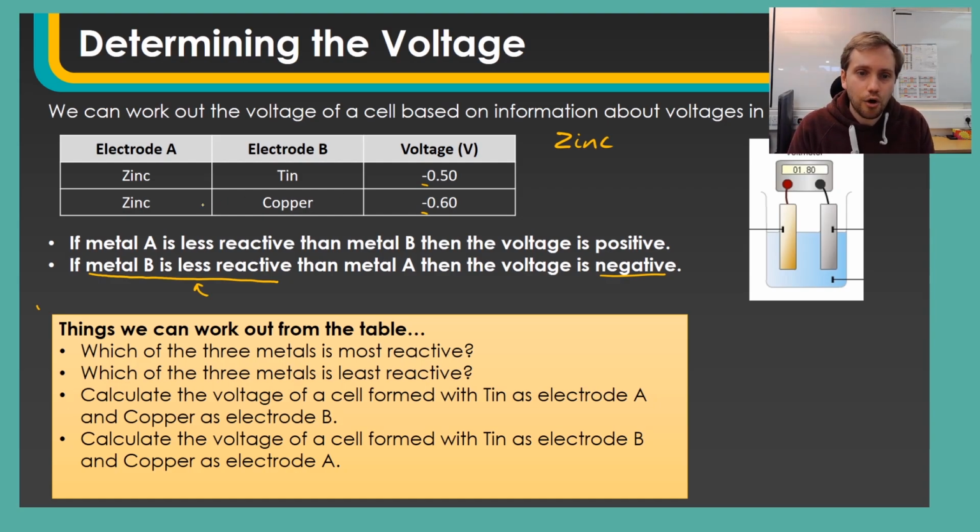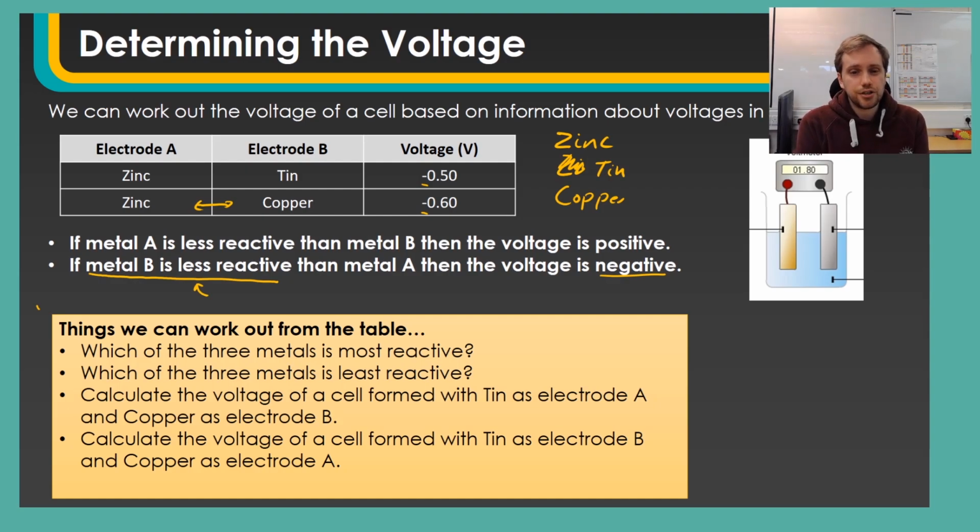So zinc and copper have got the biggest voltage in terms of its magnitude, therefore they've got the biggest gap in reactivity. So copper must be the least reactive, and therefore tin goes in between the two.